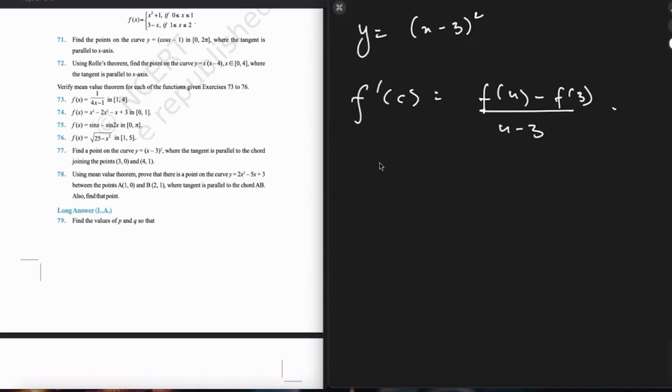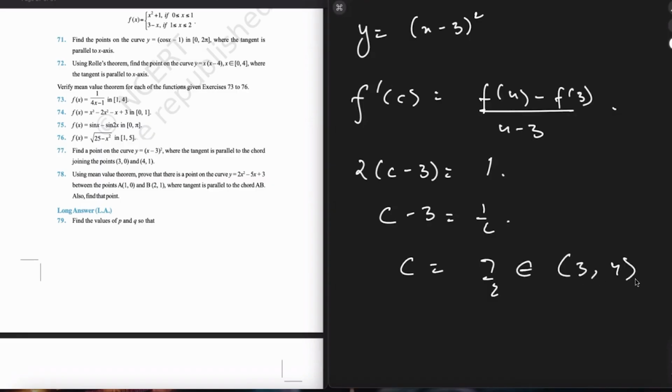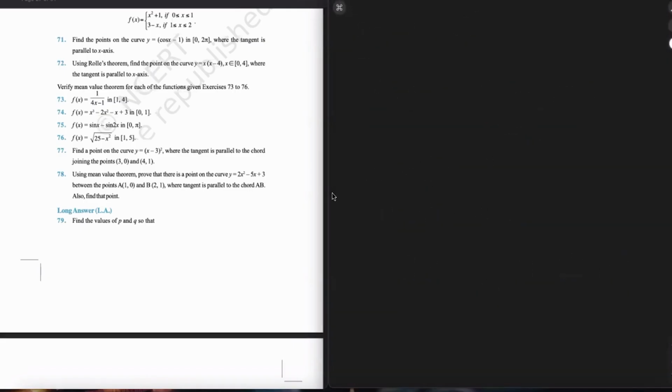All right. Now 2 times of c minus 3 is equals to 1 minus 0 upon 1. So 1, and c minus 3 will be equal to 1 upon 2. So c is equals to 7 upon 2, which belongs in 3 to 4. At x is equals to 7/2, the point of tangency which satisfies this chord scenario occurs.